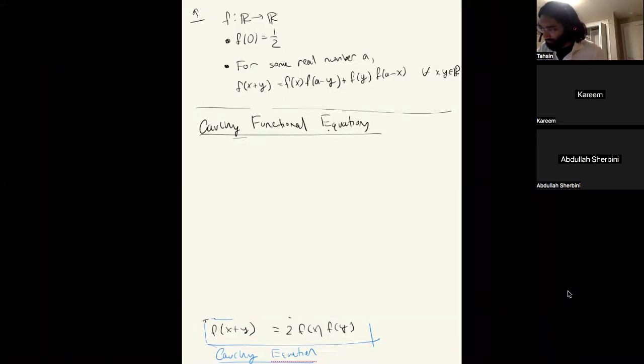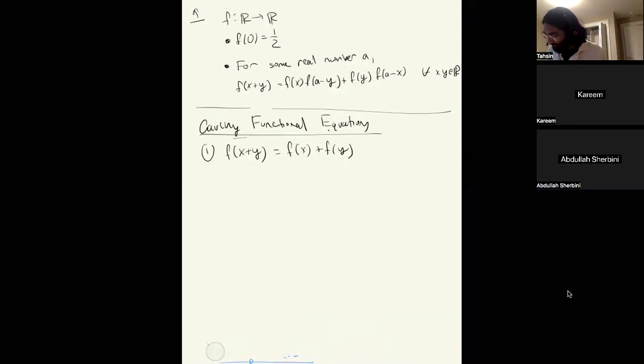So yeah, great. So usually Cauchy equation looks like this. So the one we found was like this.